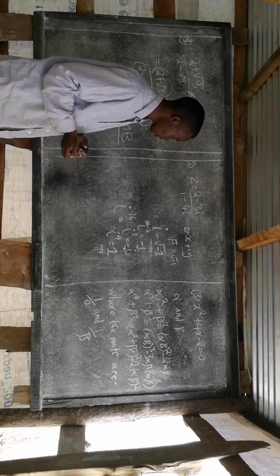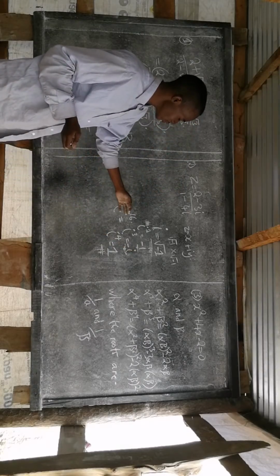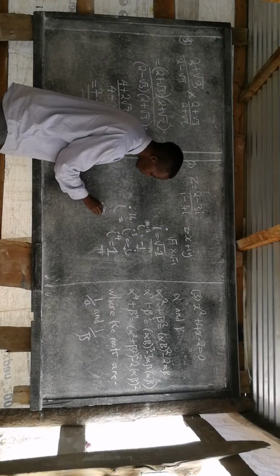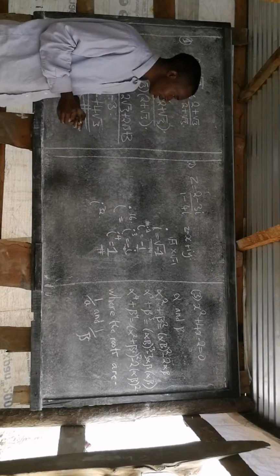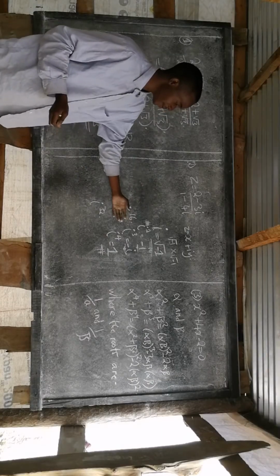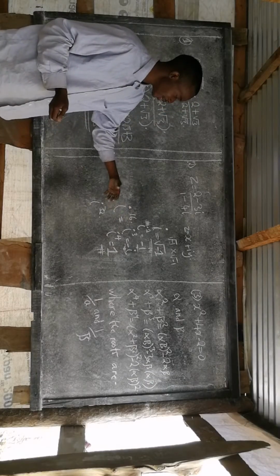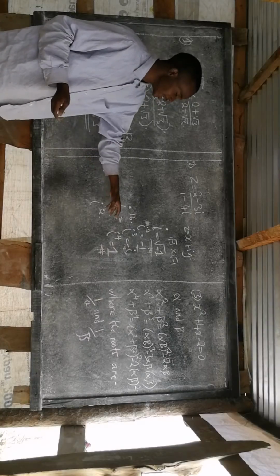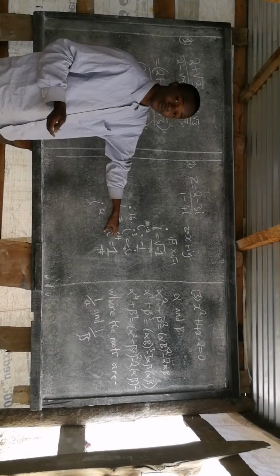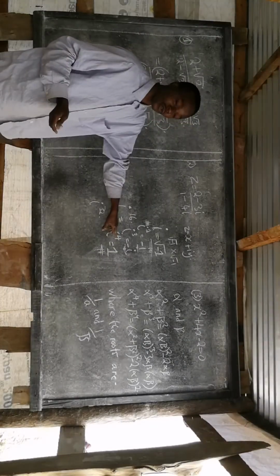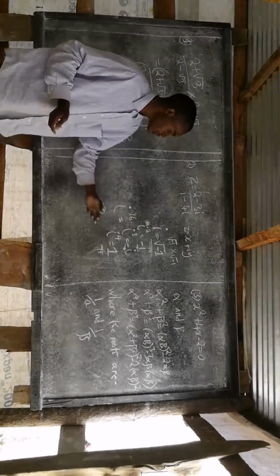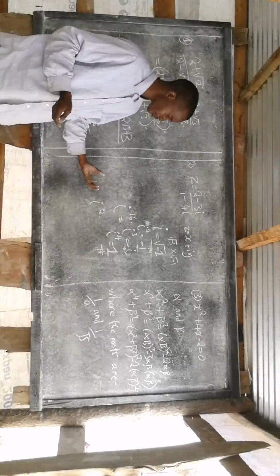So when they give you this question, i to the power 16 or i to the power 32, for example, they'll tell you to simplify to find the answer or the value. What should you do? The key which will direct you is i to the power 4. i to the power 4 is 1.